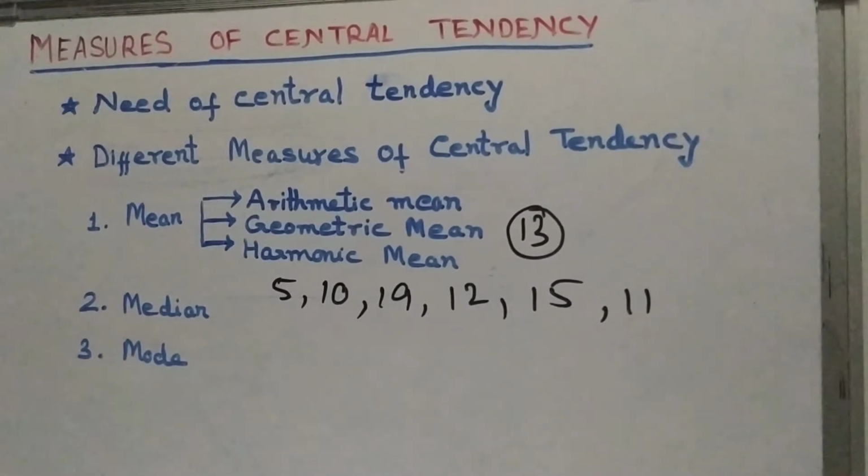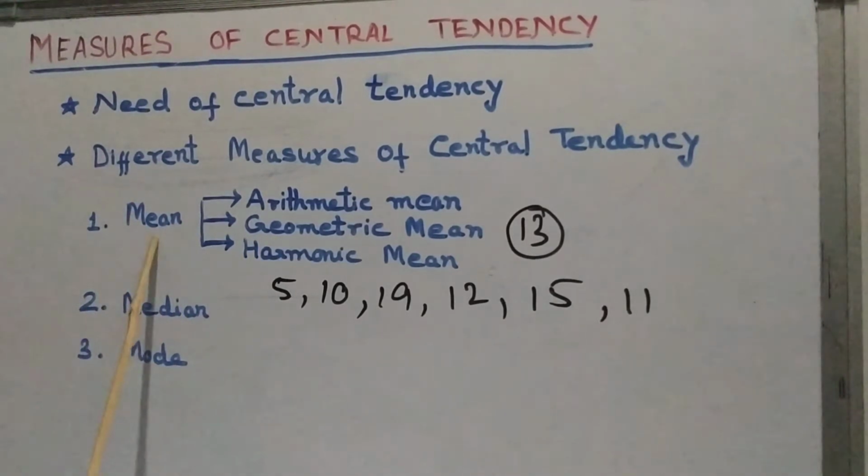So what are the different measures of central tendency? How can we find this central tendency or central value? One method is average, that you know, it is also called mean. Mean is again of three types. One is arithmetic mean, second one is geometric mean, and the third one is harmonic mean.